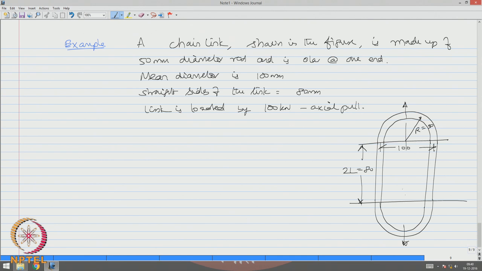This is subjected to a pull of 100 kilonewtons. Let us write down certain data necessary for the numerical. r is 25 mm, that is the radius of the cross section, because the diameter is 50 mm. Radius of curvature is 50 mm.